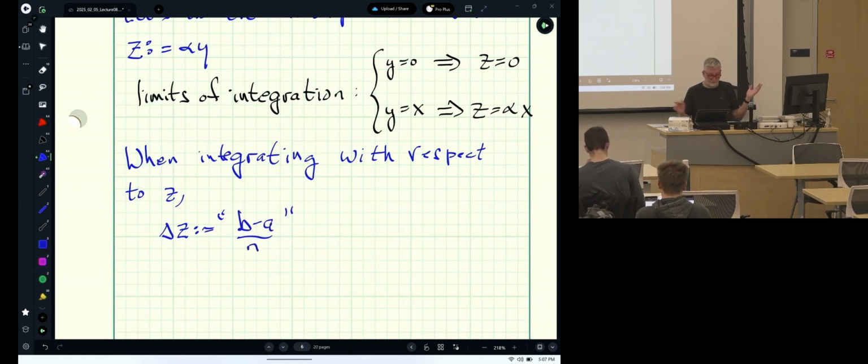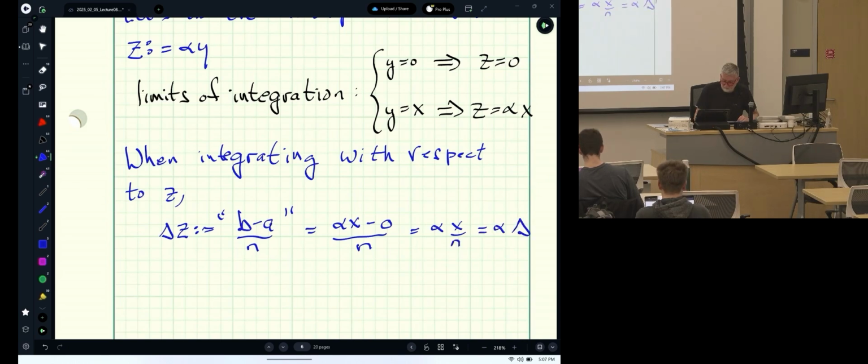So that's the fundamental formula. In the z world, b became alpha x, a is still 0, you have n. So this is alpha times x over n, which is alpha times delta y that we used before.